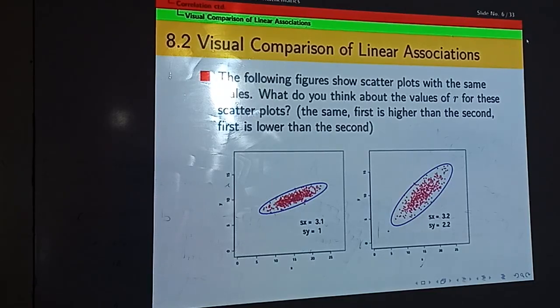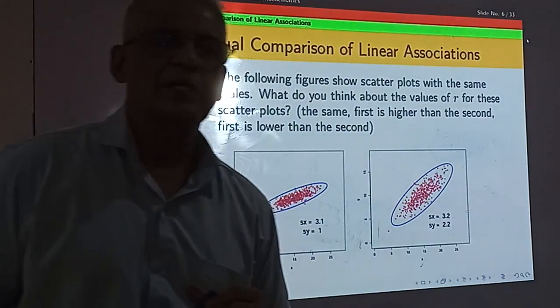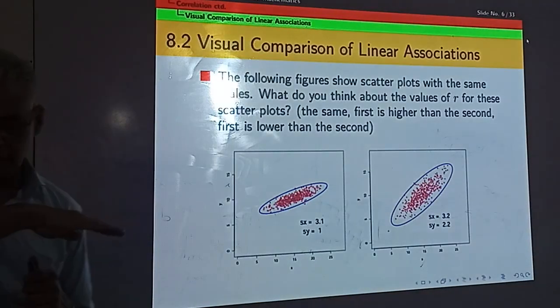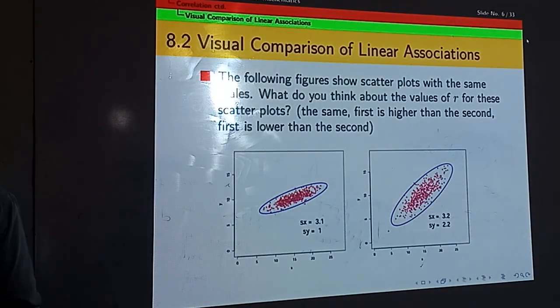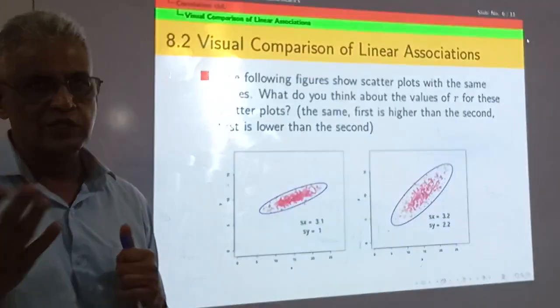Okay. Now another question. This is again about scales and visual interpretation. As I mentioned in the beginning, by looking at the graph we can say whether there is a positive linear relationship or not, whether it is linear or not.